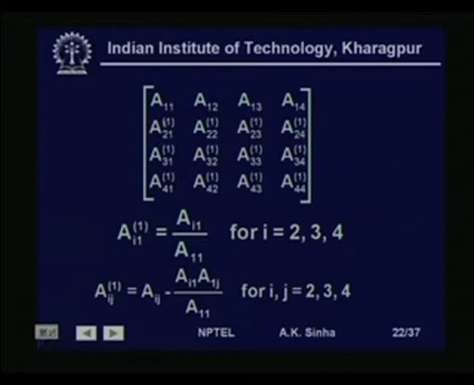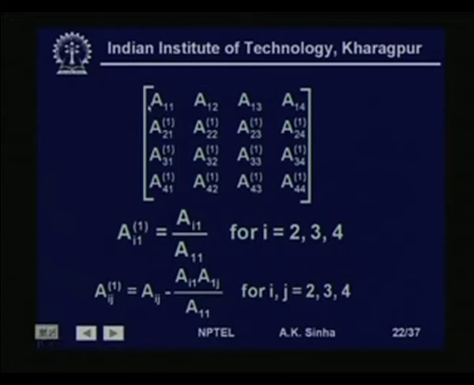So this element will become 0 and we will get these elements modified. The same way we can make this 0, and for doing that we again multiply it by A31 divided by A11 and so on.